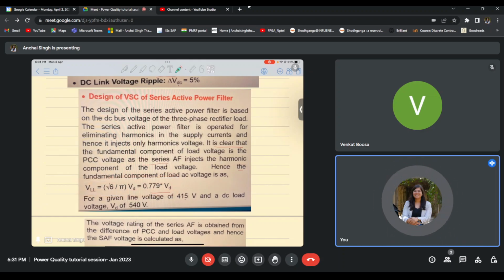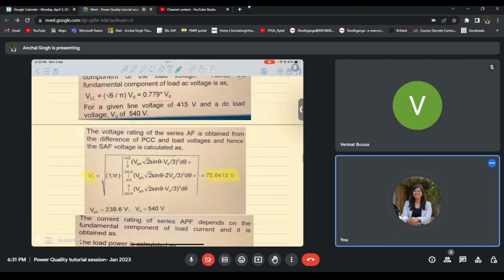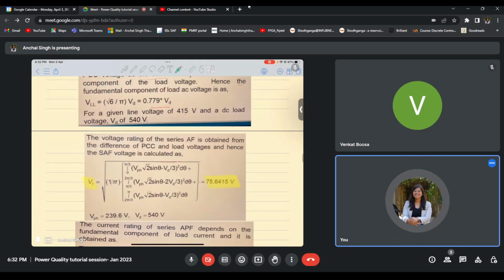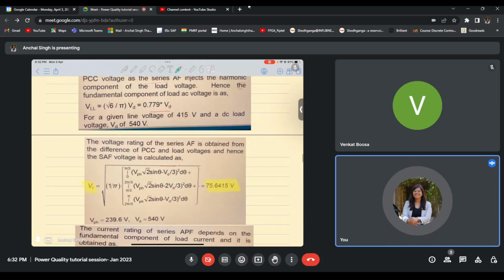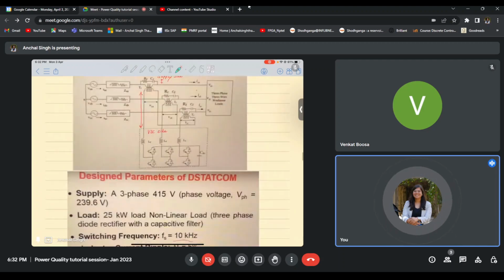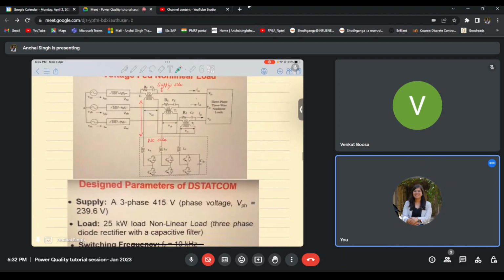And we also know that the line-to-line voltage of our system is given as 415 volt. So from this we can calculate the value of VD as 540 volts. VD is the value of the DC link voltage that we want at the output, this voltage.